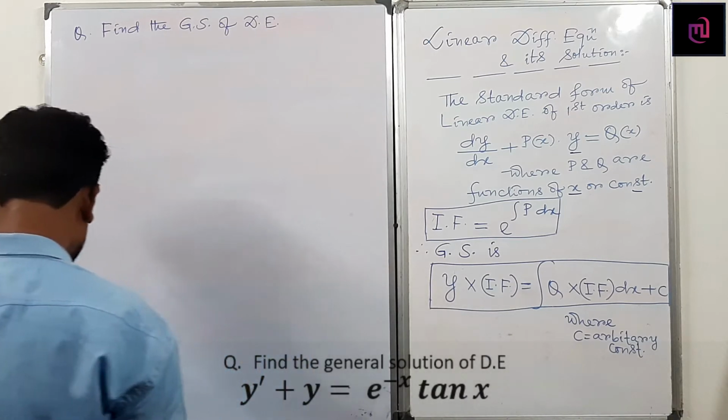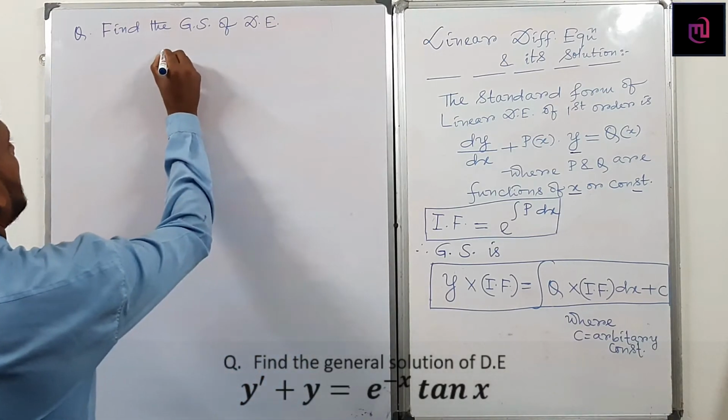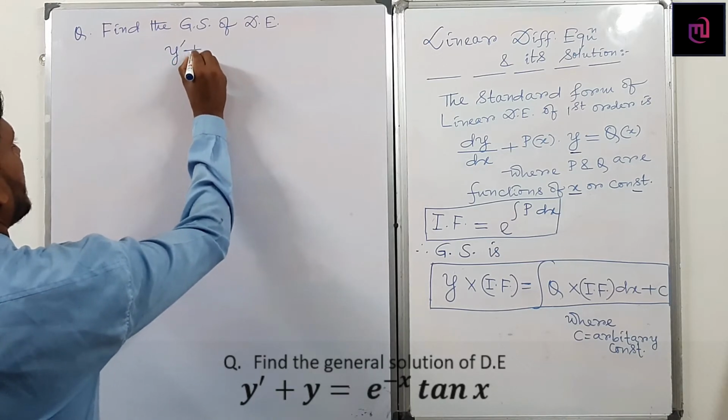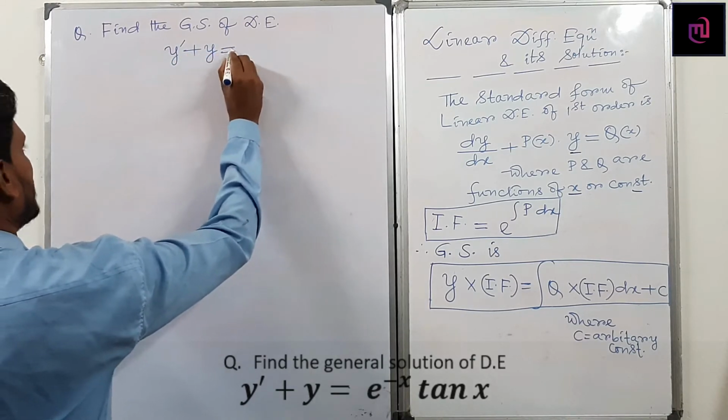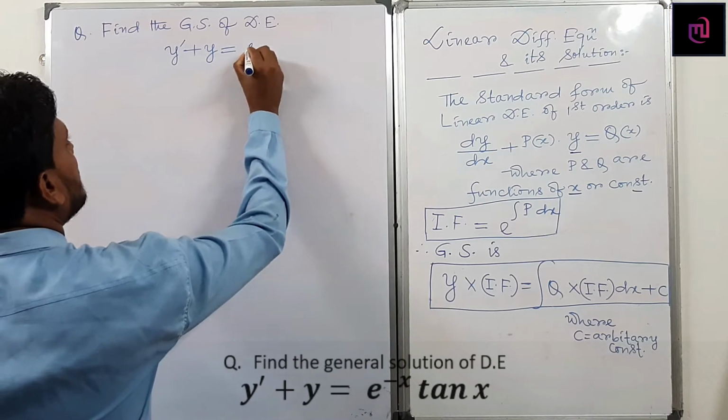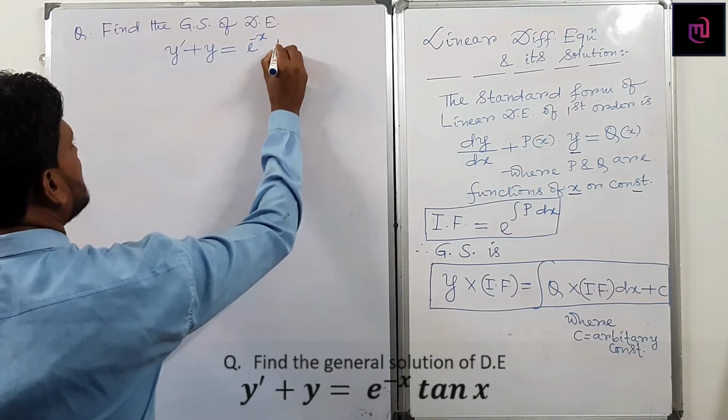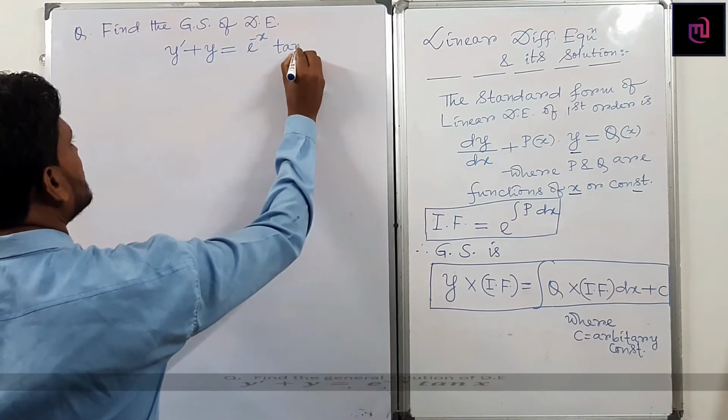So it becomes, can I write y dash plus of y equals to e to the power the minus x, e to the power the minus x into 10x.